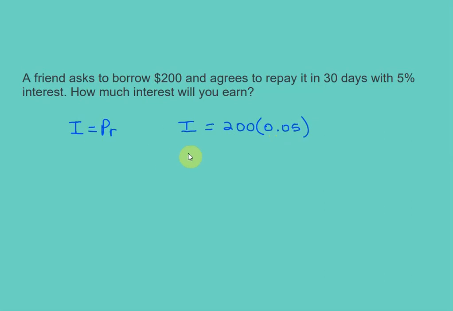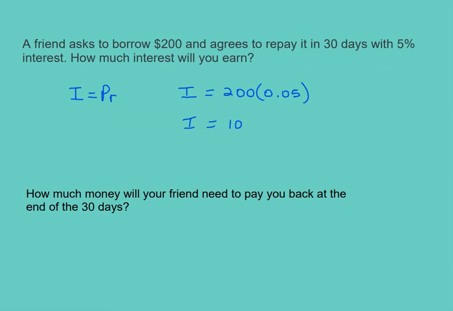Once we put it in our calculator, we find that the interest is $10. So you will earn $10 if your friend borrows $200 and pays it back with 5% interest. The 30 days has no bearing on how much interest you'll earn because you're only calculating the interest one time.